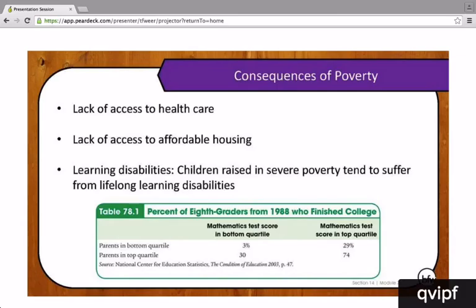If you finished in the top quartile for the mathematics test score, 29% of them had parents that were in the bottom quartile of income earners, while 74% had parents in the top quartile.